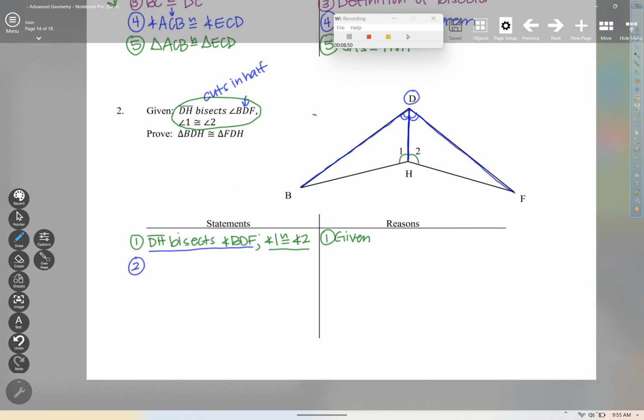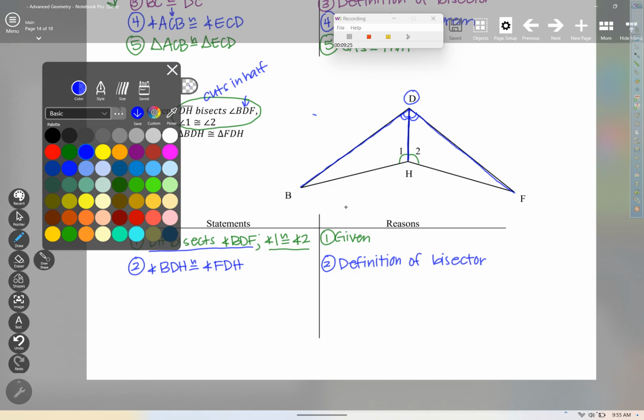Because that one was in the given, our hint was that DH bisects angle BDF, the definition of bisector.